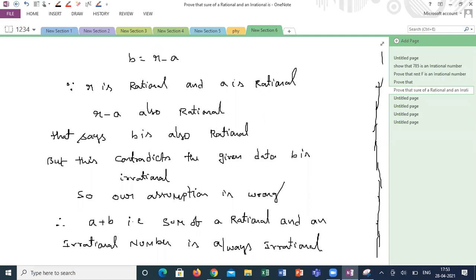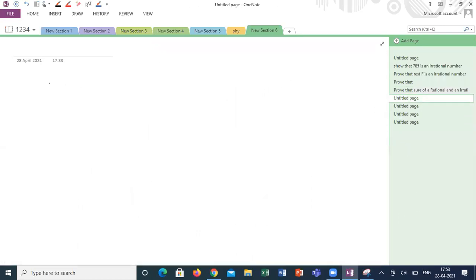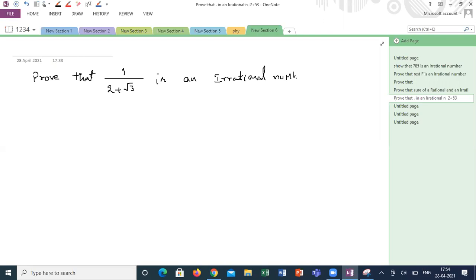Sir, there is one more question which you left, sir. What's the question? Prove that 1 by (2 plus root 3) is an irrational number. How can you proceed with this question, guys?